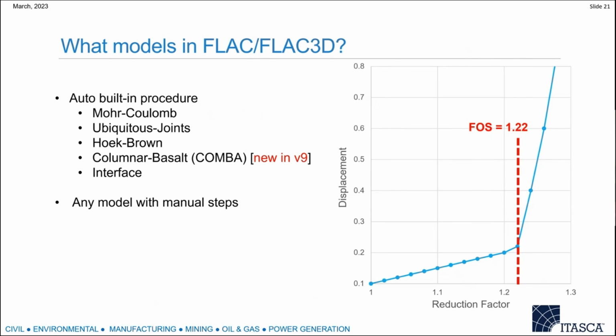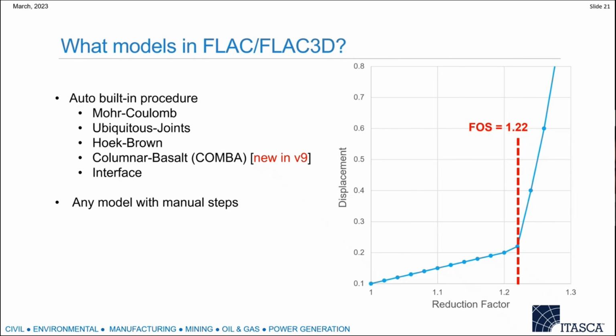Any constitutive model that does not have the built-in procedure, we can use in a similar way, by manual steps. For example, for some material with one property, we can manually reduce that property, do multiple calculations, and record some characteristic, for example displacement at some point, and then plot that displacement versus the reduction factor.